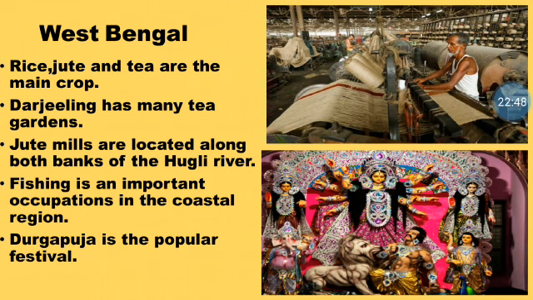So they can earn their livelihood. Also, because it is a coastal region, fishing becomes an important occupation of the people of West Bengal. Durga Puja is a popular festival celebrated in West Bengal, and people of West Bengal speak Bangla.